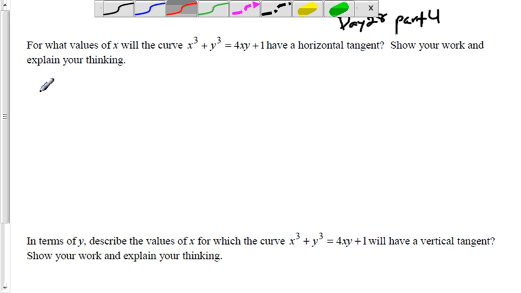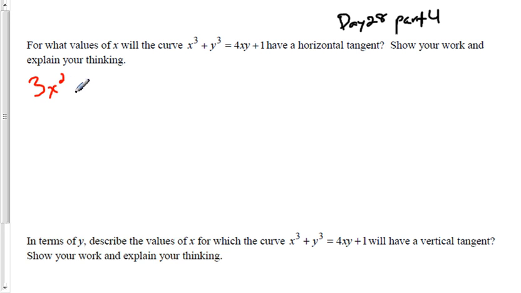So let's start with the derivative of x cubed is 3x squared. Derivative of y cubed is 3y squared. Now the difference is, what we've been doing in this section, it's going to be times dy/dx. Derivative of 4xy, again, it's going to be the product rule. So we're going to treat it as 4x times y.